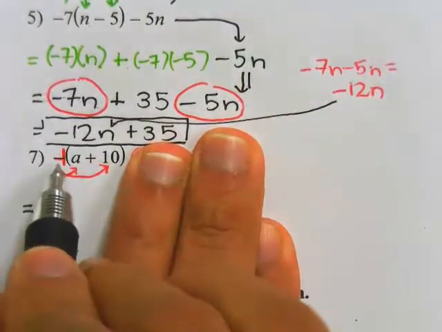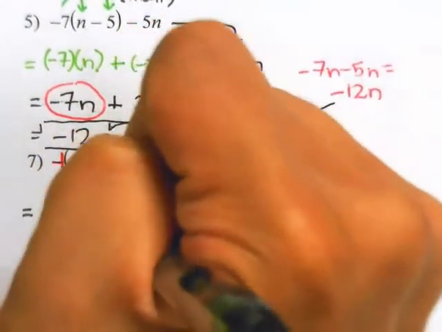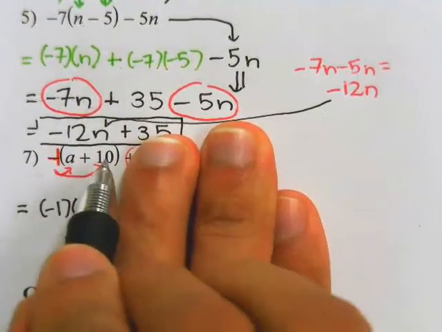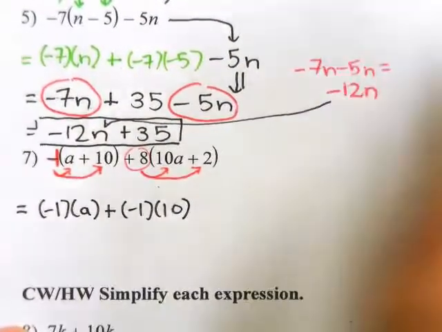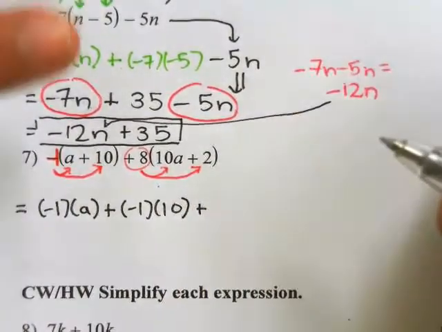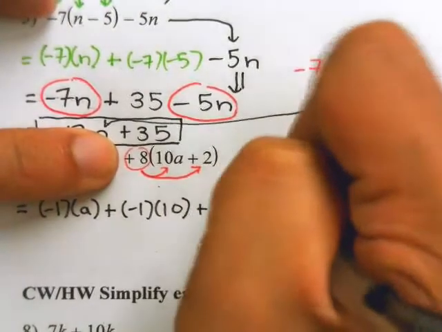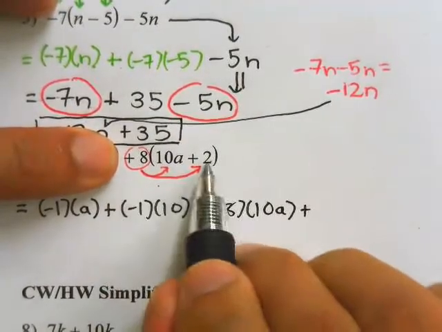The first one is going to be negative 1 times a, plus negative 1 times 10. Now the next one will be here: 8 times 10a, plus 8 times 2.